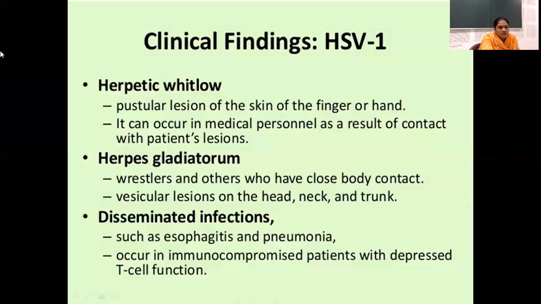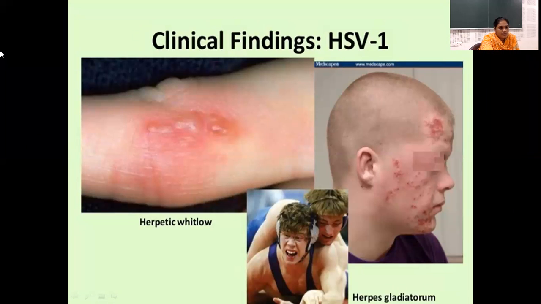Herpes gladiatorum, seen in wrestlers and others who have close body contact, shows vesicular lesions on the head, neck, and trunk. Esophagitis and pneumonia can be seen, occurring in immunocompromised patients with depressed T cell function. So these are the pictures of the clinical findings of HSV.